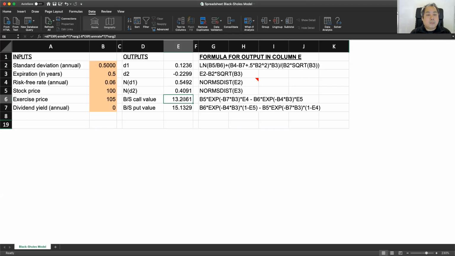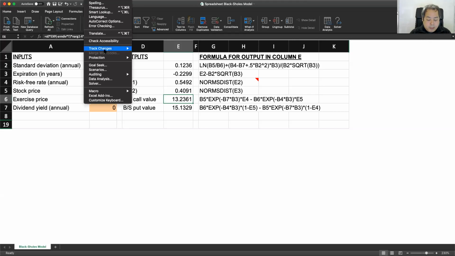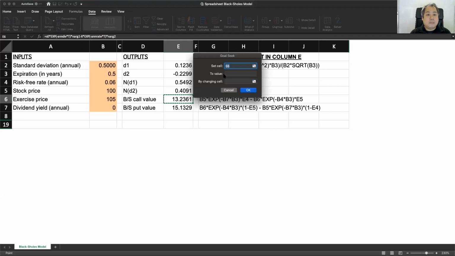This is called implied volatility. To get it, you have to use goal seek. I personally use the Mac version of Excel, where there's a Tools menu. I believe the Windows version is probably similar. And there's goal seek. Click goal seek.